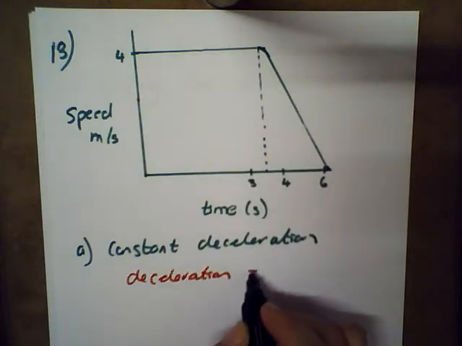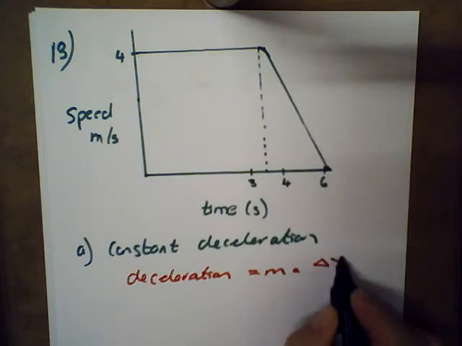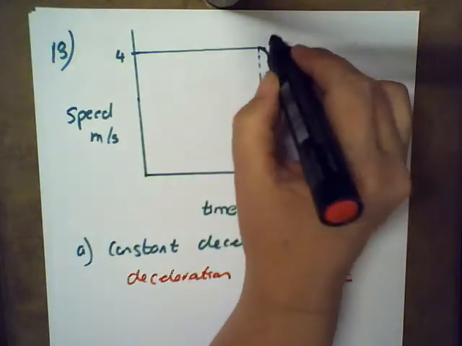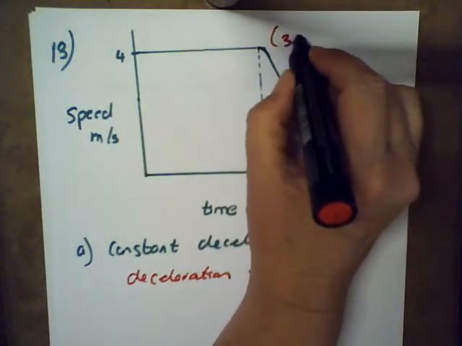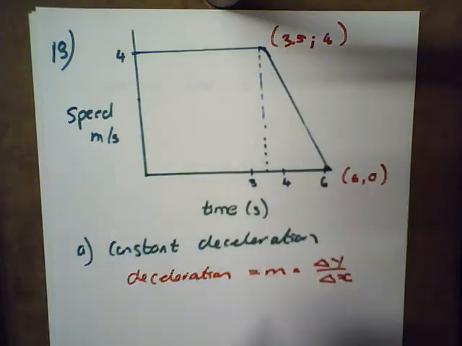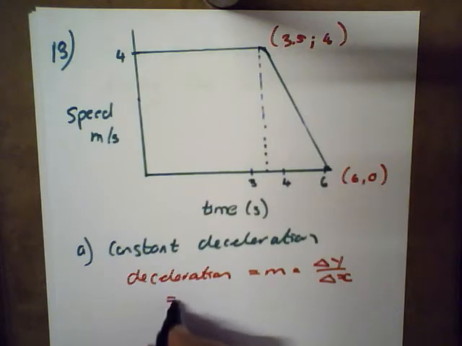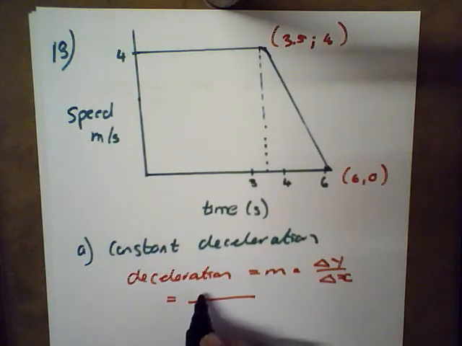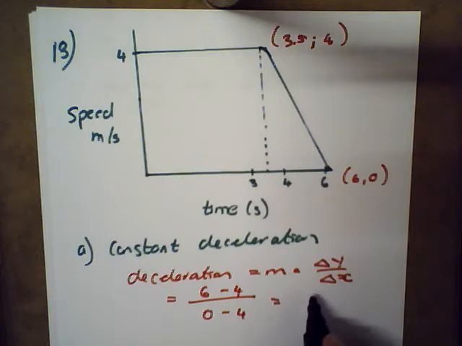So it would be m, and m we know is delta y over delta x. I can just find those values there. That would be 3.5 and 4, and that one would be 6 and 0. Now to find m, we substitute those values into the equation. So 0 minus 4 over 6 minus 3.5, and we will get negative a half. So my deceleration would be a half meters per second squared.